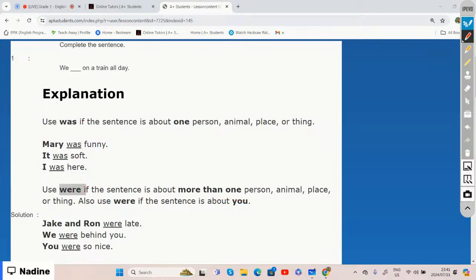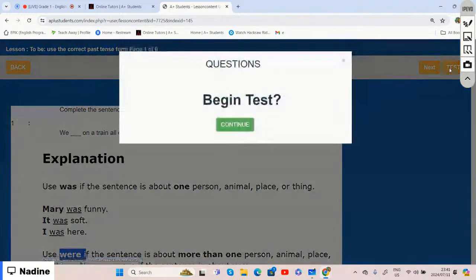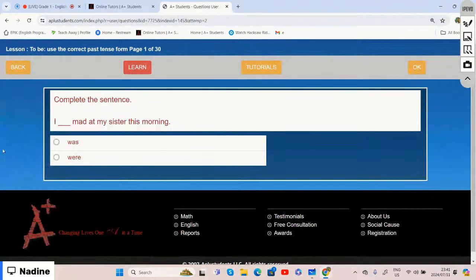Right, so now let's go to our test. We're either going to use was or were in our past tense to refer to someone, something, animals, or places.